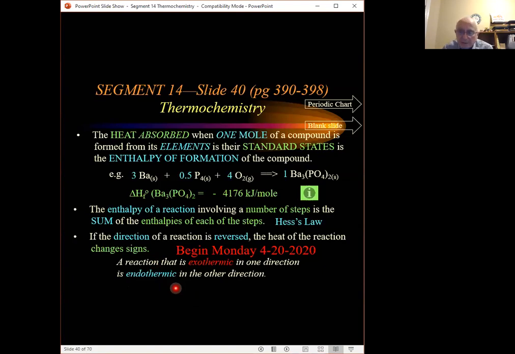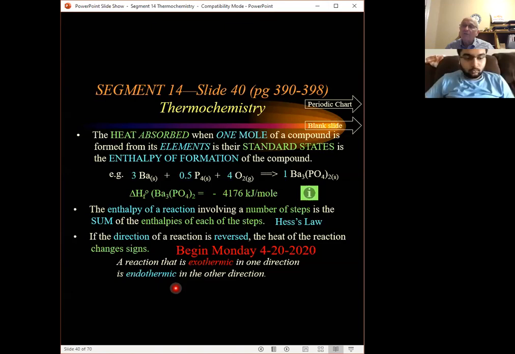Now, one of the things that's going to be really important, and you need to keep this in mind whenever you put things together, especially as we do it in standard state, remember standard state has all of the reactants and all of the products in that mixture all at once.